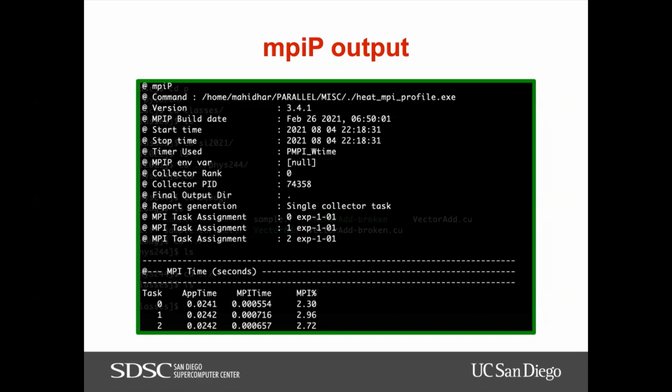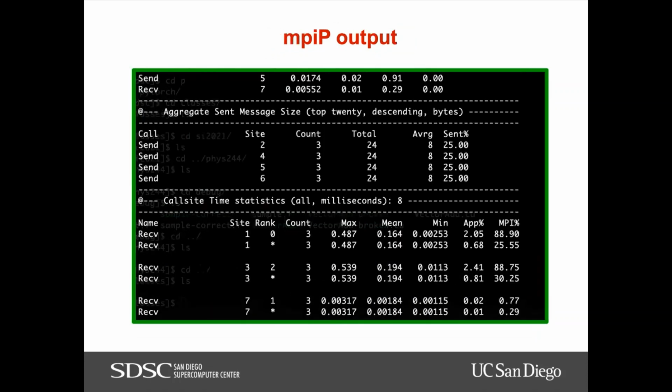Because if that MPI percentage goes off to say 50, 60%, then your code's basically very inefficient, right? You're spending 60% of the time communicating and only 40% of the time doing the actual calculation. There's something wrong. So there's that.